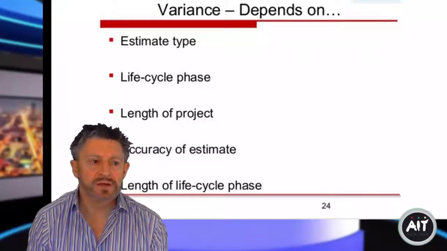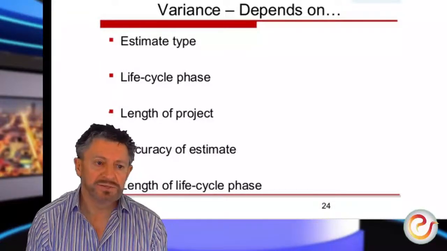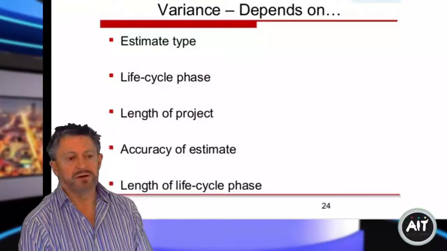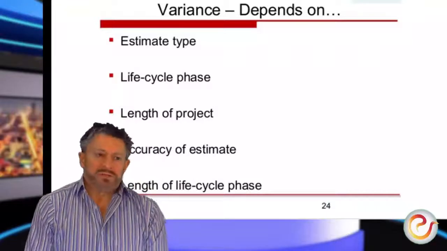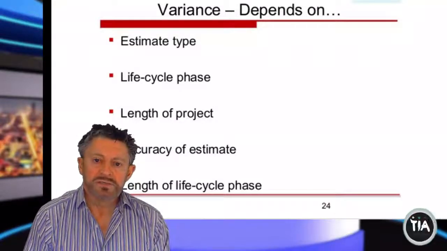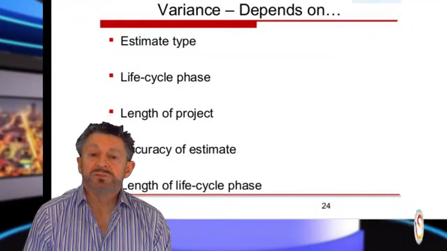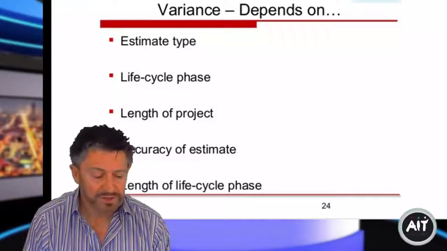So variances depend on the estimate type, the life cycle phase, the length of the project, the accuracy of the estimate, and the length of the life cycle phase itself. Now, all that means is that the estimate type, did you build in any fat, as we call it, some leeway?